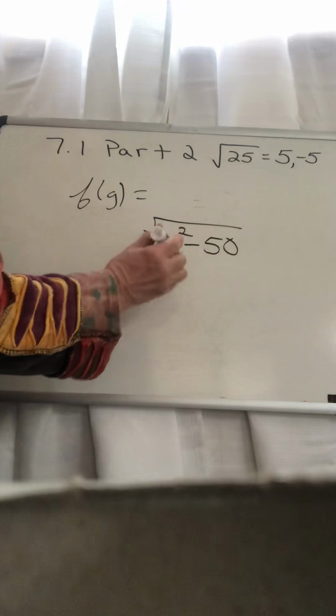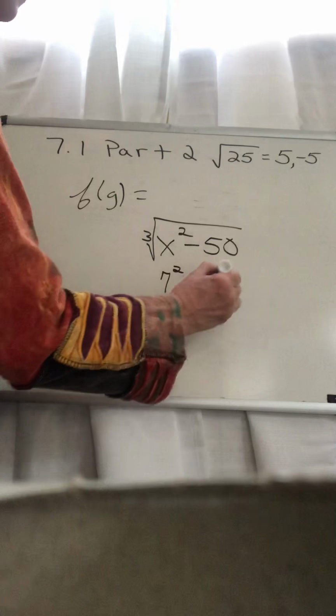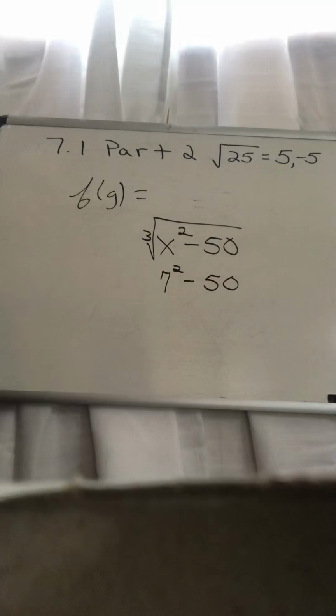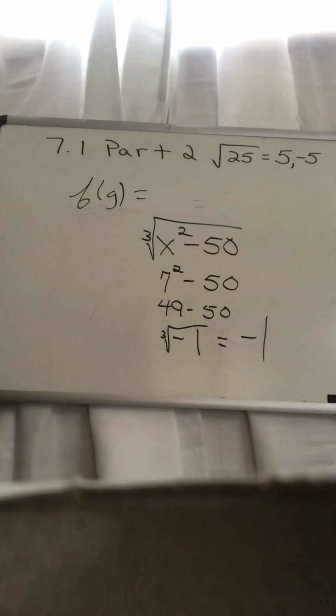And so if g is equal to 7, that means we're squaring the 7. 7 times 7 is 49. 49 minus 50 is a negative 1. So we're looking for the cubed root of a negative 1, which would just be equal to a negative 1. All right, let's go ahead and look at example 3, which we have a negative 27 x to the third.